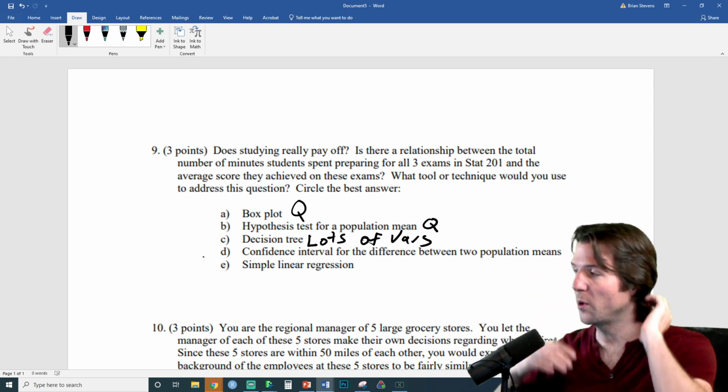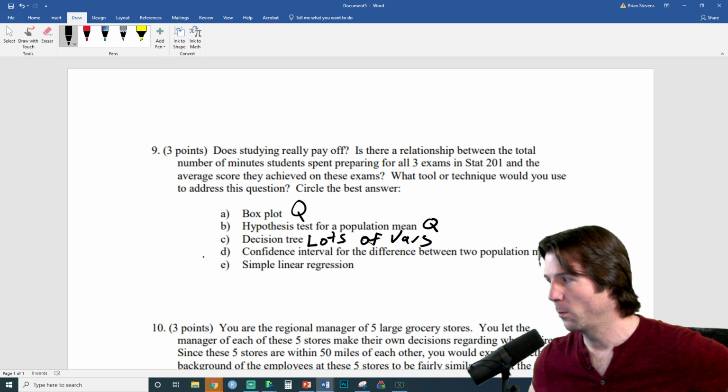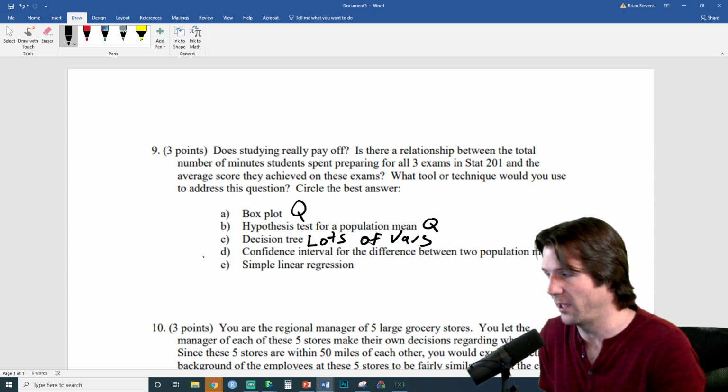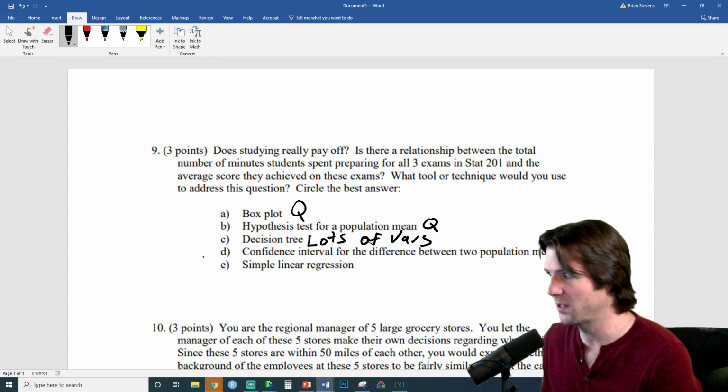So a decision tree problem would be like Amazon is trying to make selling decisions to their customers, and they have data on 50 different variables to predict what their customers want to buy. What would you use to analyze and make predictions? I would say a decision tree. It can take tons of variables. A box plot would be like, let's make a visualization of someone's height. Let's make a visualization of someone's weight.